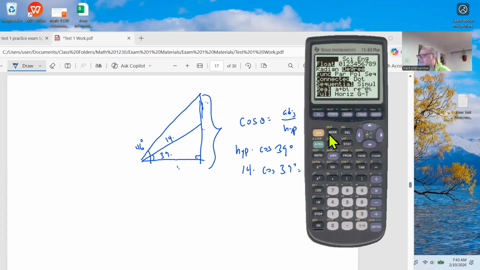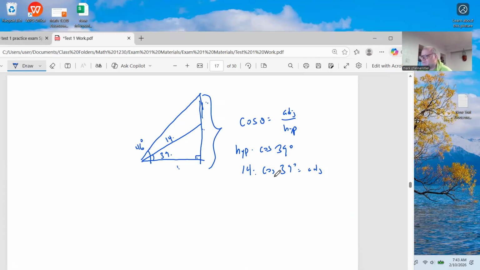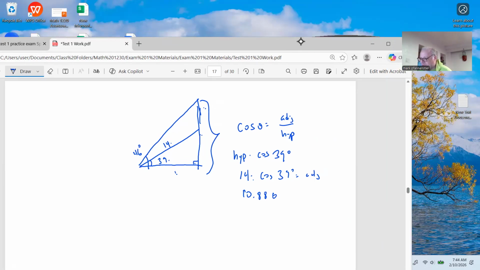So 14 times the cosine of 39 degrees gives us 10.88. I'll follow the same rules I set down for you: 10.8800, because we said go to four decimal places in your intermediate calculations. That's my adjacent side.